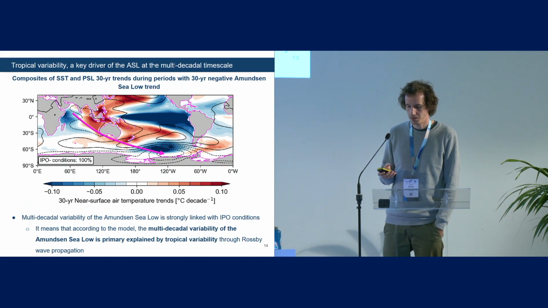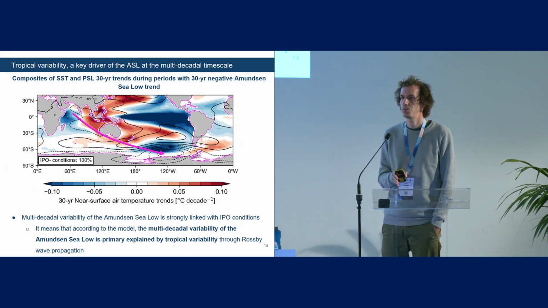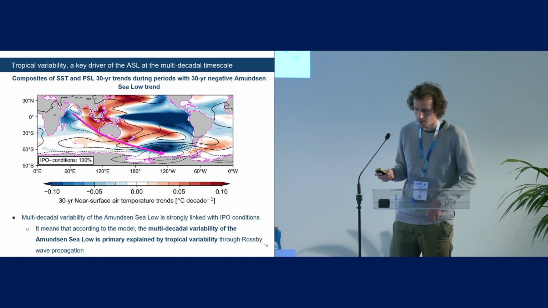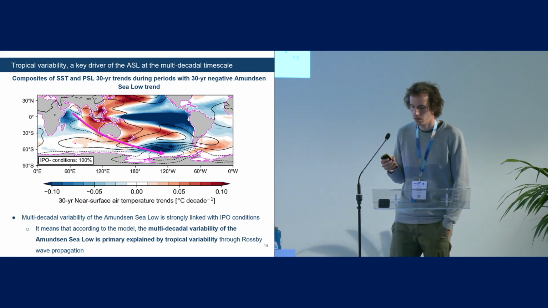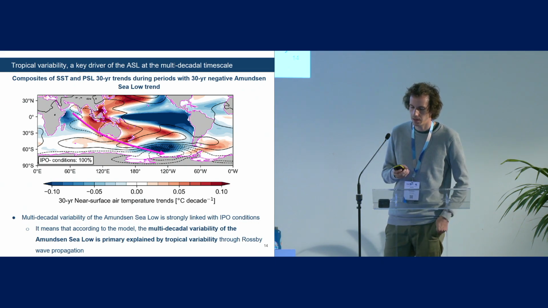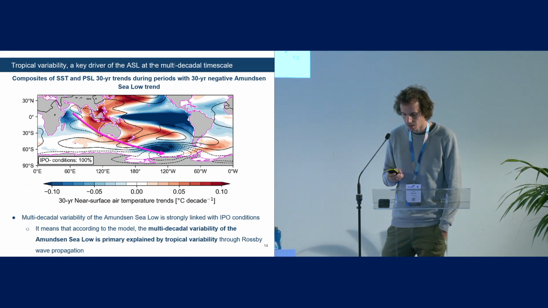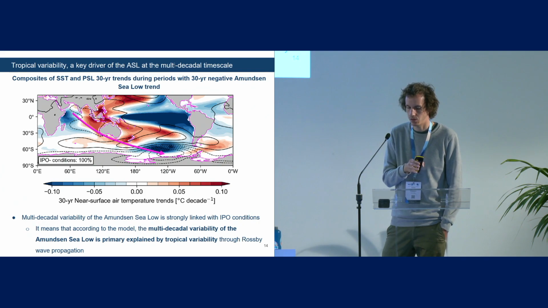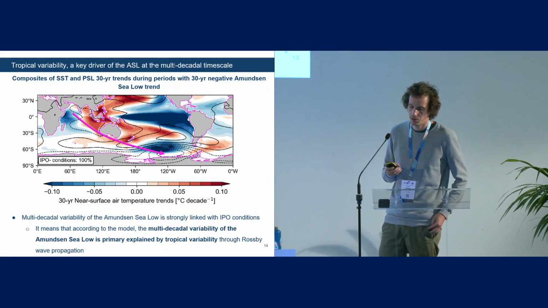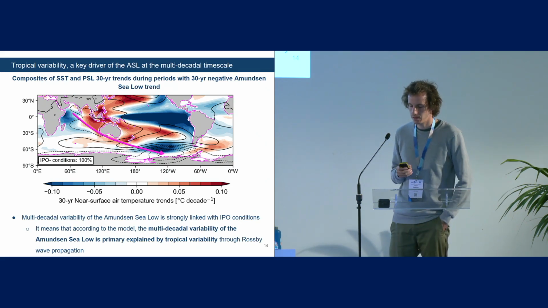First of all, what we see is that a deepening of the Amundsen Sea Low over 30 years is always associated with a negative phase of the IPO, which represents a negative anomaly in the Central Pacific. The mechanism that links the two regions is simply the Rossby wave propagation triggered by this anomaly in the Pacific, starting in the Indian Ocean with a low pressure, and then we end up with modifications in the Amundsen Sea sector that impact the Amundsen Sea Low.